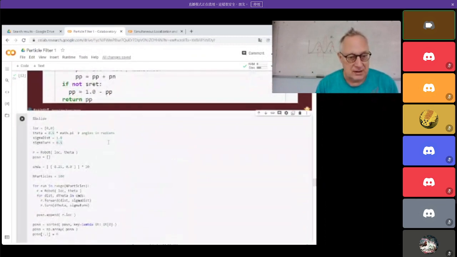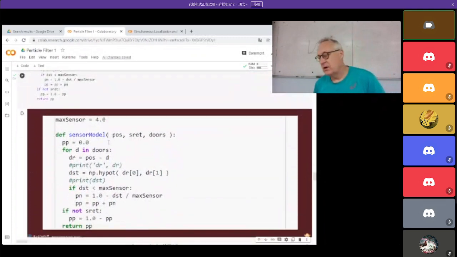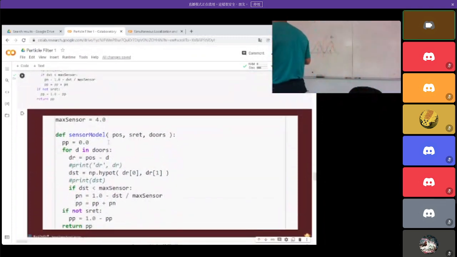So for an ultrasound sensor, for example, here we just measure doors. So we check the distance to the door and we check whether it coincides or doesn't coincide with the measurements that we got from the sensor. But even the sensor model itself is usually not like this.